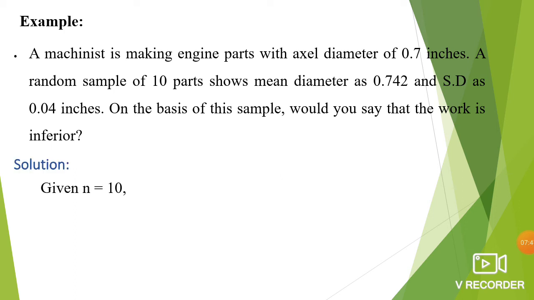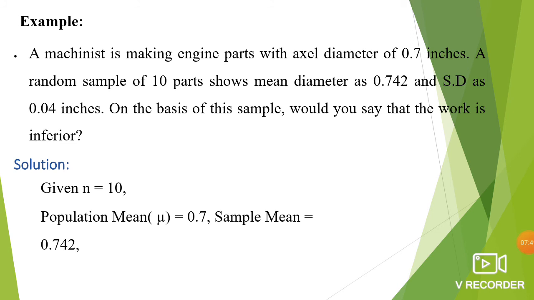So given n is 10, population mean 0.7, sample mean 0.742, and standard deviation 0.04.